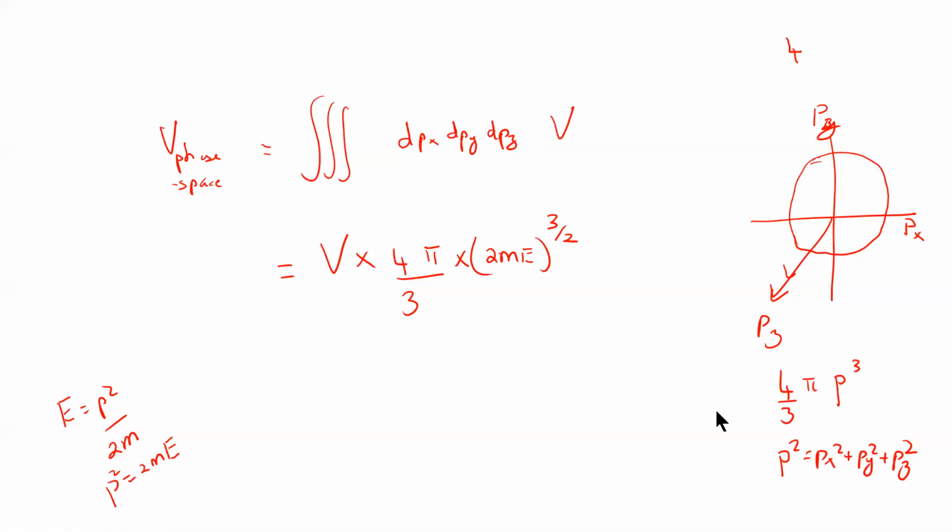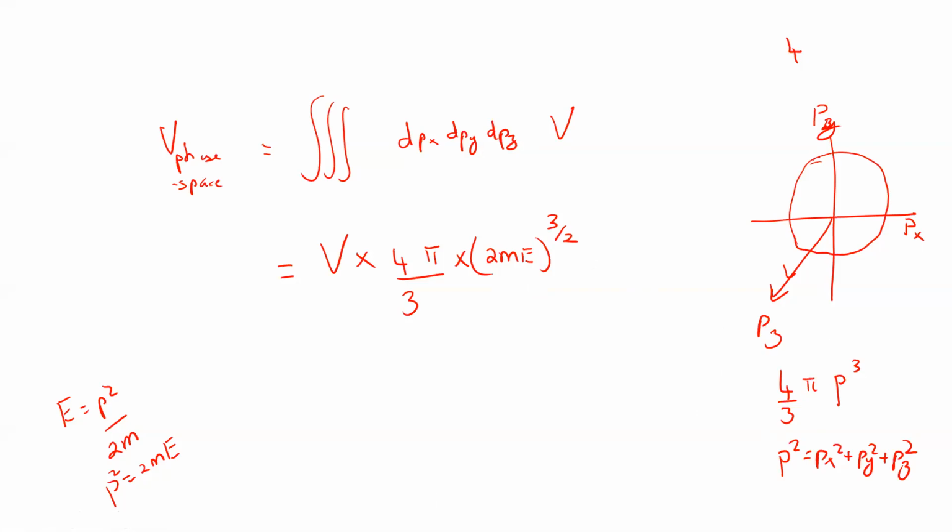The power of 3 comes from here, and based on p square equal to 2mE, we have to put the square root, the 1 by 2 power.